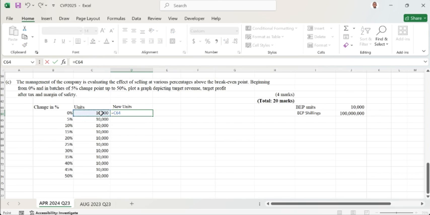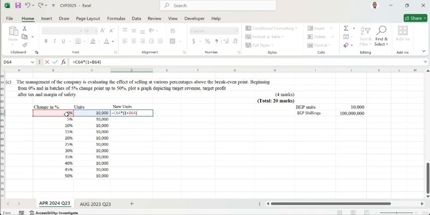So we want to see, if we change the break even by 5%, how many new units will we have? If we change it by 10%, how many new units will we have? Leta hiyo formula ya kufanya increment ya 5. Moses, hii unajua hii formula.